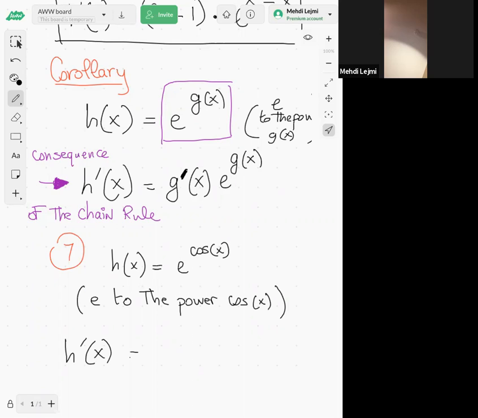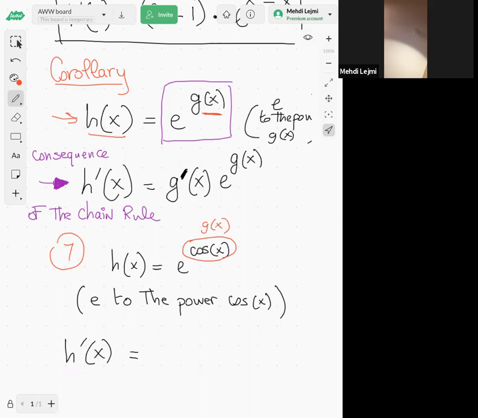If you want to use this rule, if you have a function h of the form e to the power g of x, then my g of x would be cosine of x.